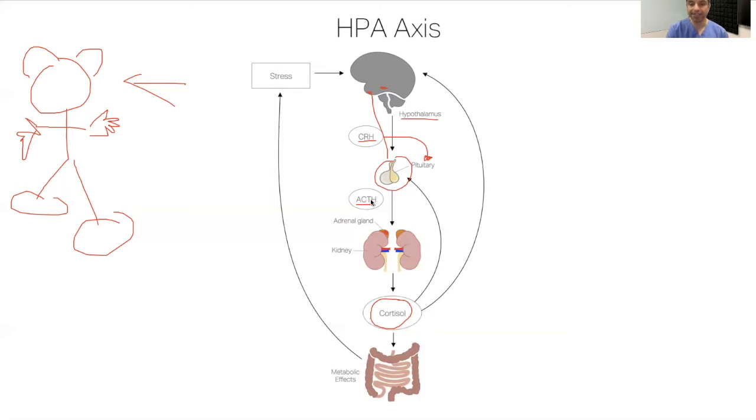And the pituitary then sends adrenocorticotropic hormone to the adrenal glands. And the adrenal glands then send cortisol. These cortisol levels rise. And what happens is that it makes your blood sugar go up. Why does it make your blood sugar go up? Because we need fuel in the body to be able to run.